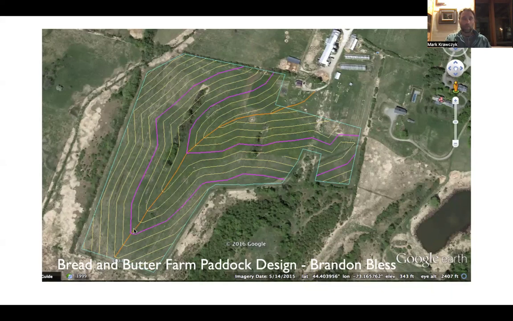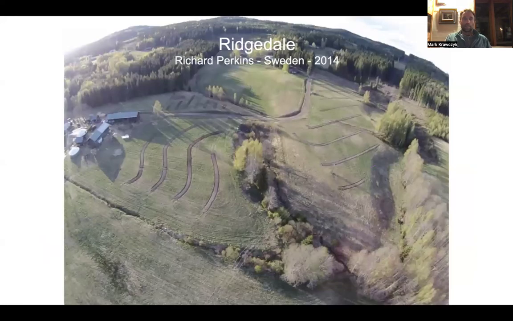I don't know if there was any planting that was going to go on here, but just modeling again that symmetry. This is just done on Google Earth, which is free technology that's pretty readily available to folks and fairly user friendly.